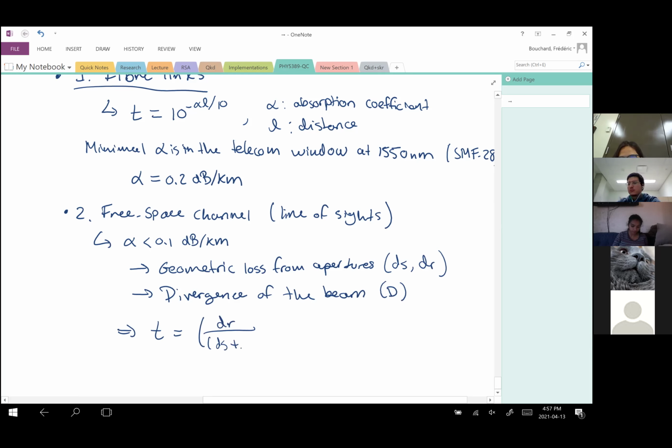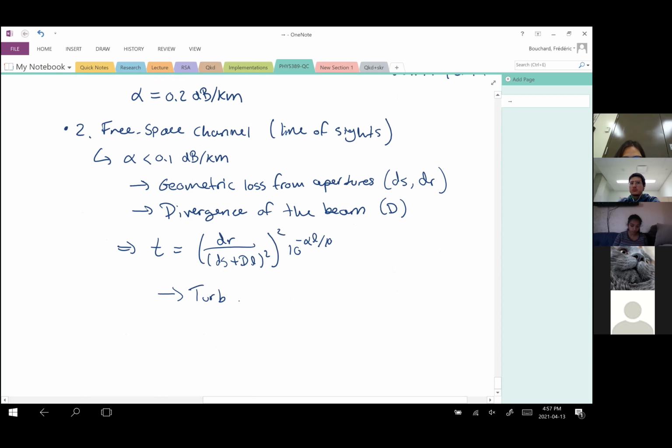As you can see, it is also challenging to perform QKD in free space, but actually the main thing is turbulence from the atmosphere, also known as atmospheric turbulence. This is characterized by something called Cn squared.